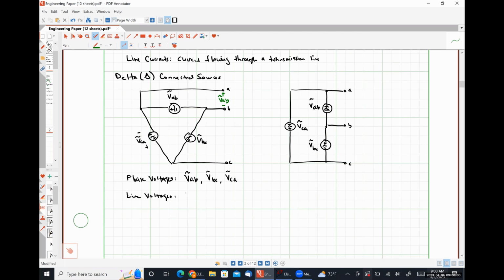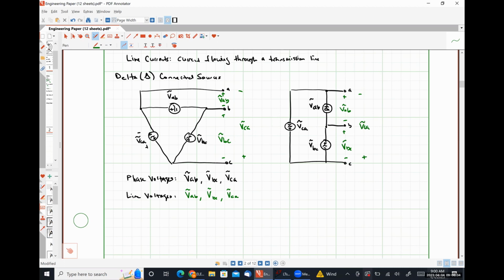Exactly right. VAB, VBC, and VCA, where this is VBC, and this is VCA. Drawing them on this side, I have VAB, VBC, and VCA.